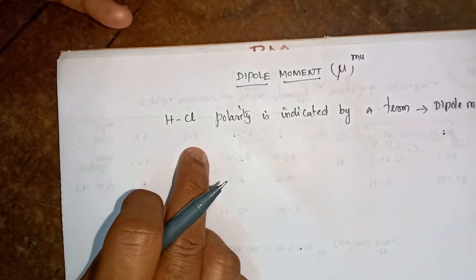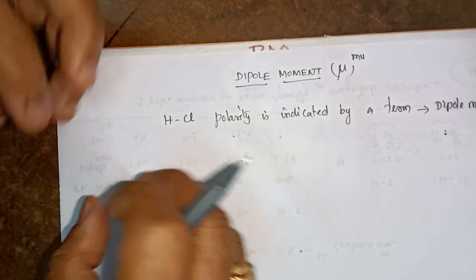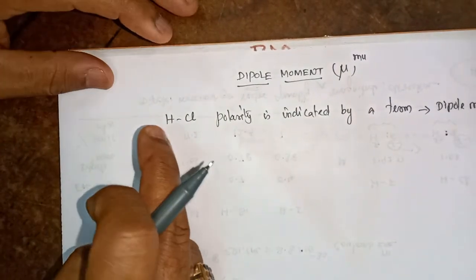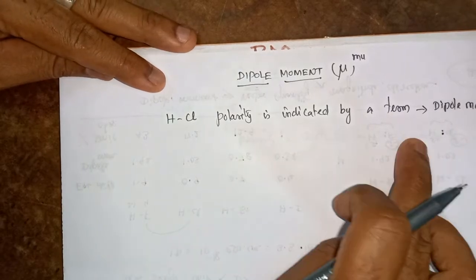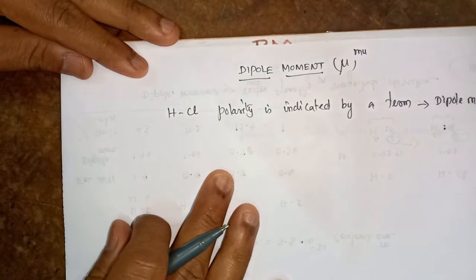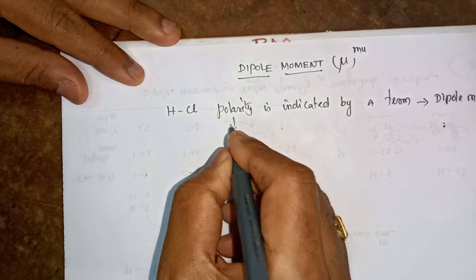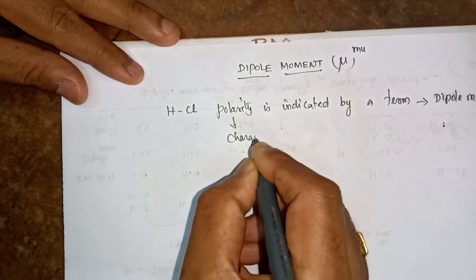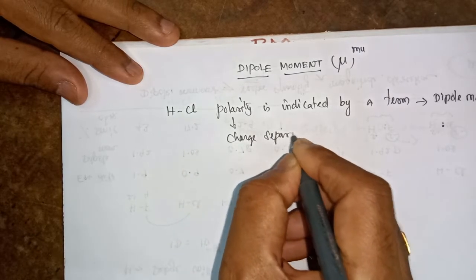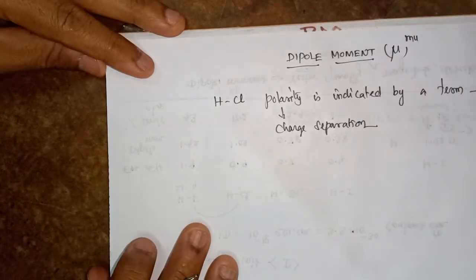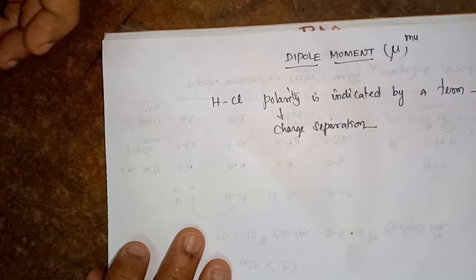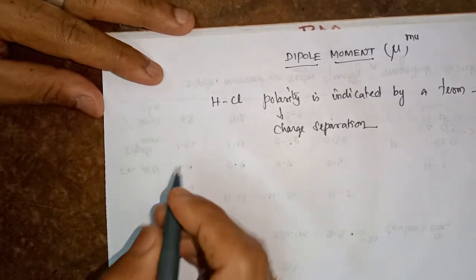I am not telling you the definition yet. Polarity of any molecule is indicated by dipole moment. Here, polarity means charge separation. Now, what is the definition for dipole moment? Let me come to the definition.